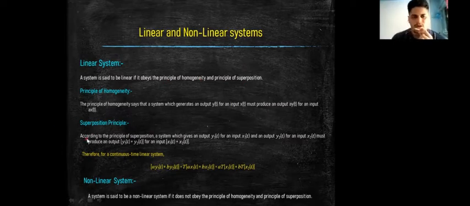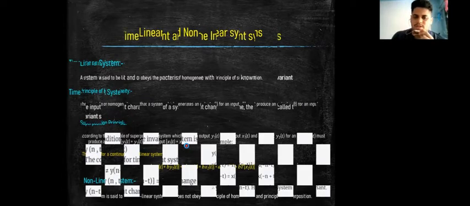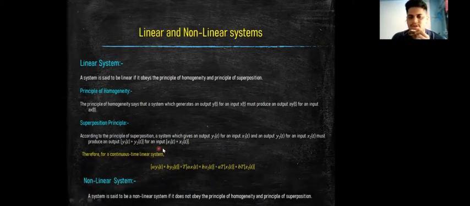According to the principle of superposition, a system which gives an output y1 of t for an input x1 of t, and y2 of t for an input x2 of t, must produce an output y1 of t plus y2 of t for an input x1 of t plus x2 of t. So basically, when we add both of the input signals x1 of t and x2 of t, we must get an output which is the summation of the outputs we would get if we applied each signal to the system separately.